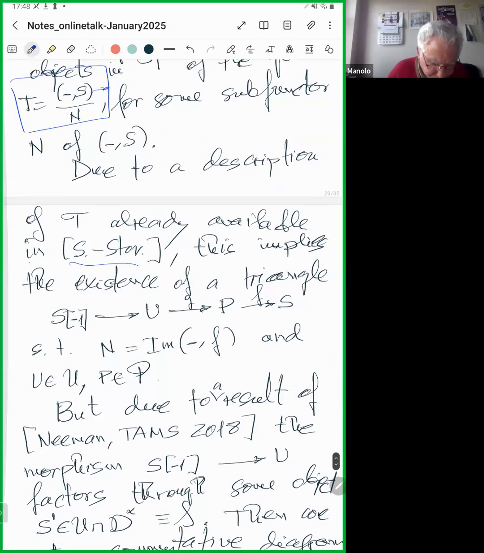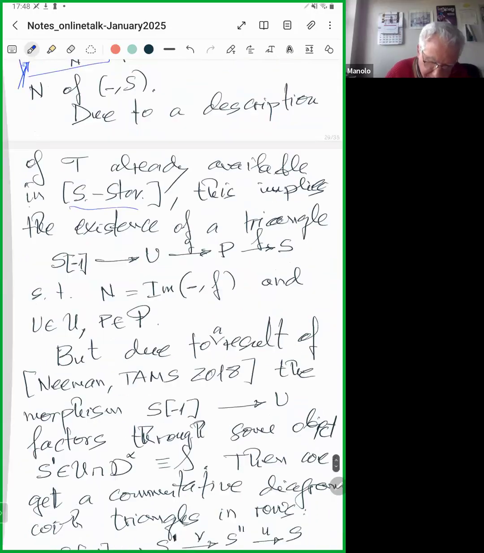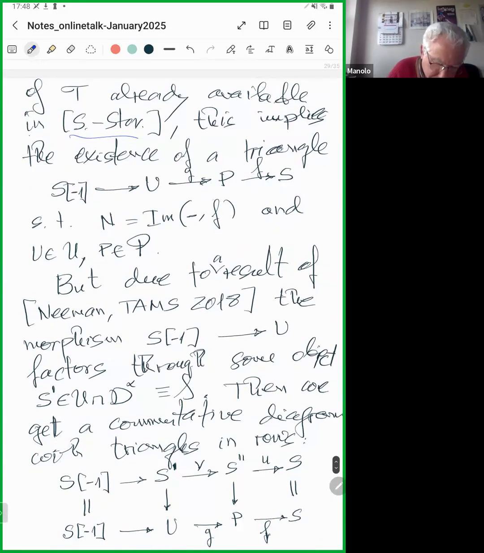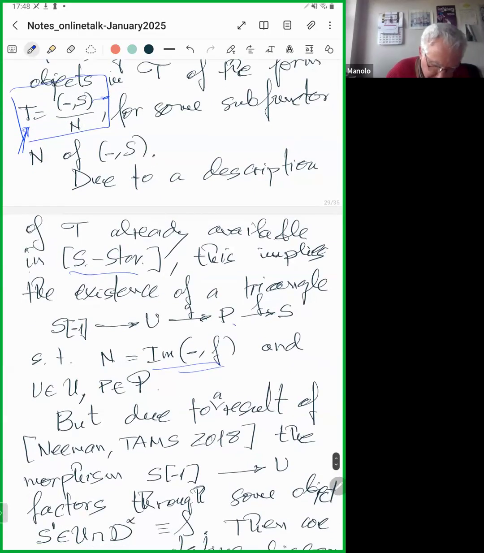I mean, you want to take a projective presentation, so to say, of this object, because these objects generate T, and then you take the corresponding triangle, and you can choose it so that the image of this map is precisely the submodule N that you have here.